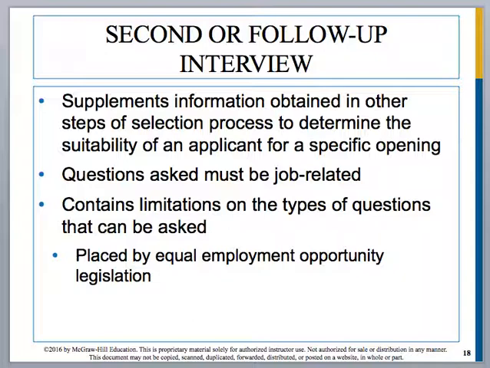There will be limitations on the types of questions that can be asked, and that is placed by the EEOC and legislation that makes sure you don't get into questions about, for instance, wondering whether or not an applicant is ever considering having children, because having children would mean that applicant in the workplace would be distracted, could end up missing days of work, and so on.